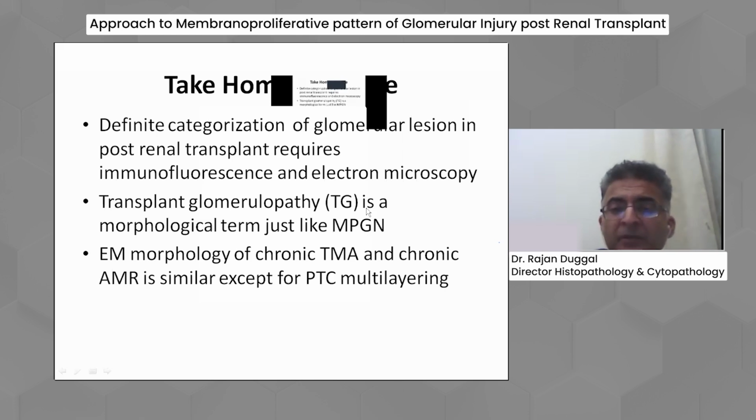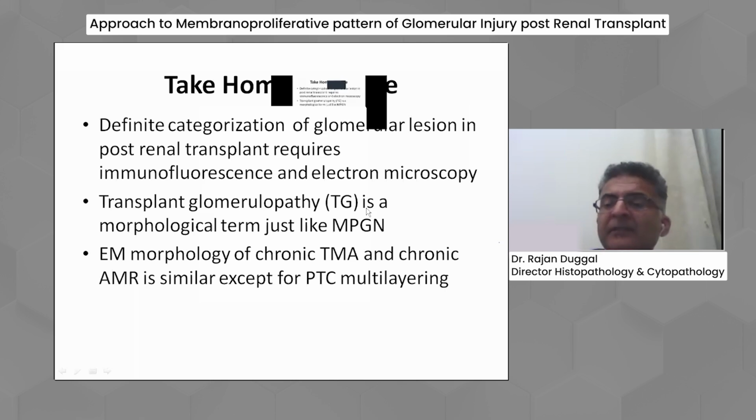So if we are finding acute ABMR in a setting where the patient's DSA, flow cytometry and CDC crossmatch were completely negative, it is highly unlikely. I see ABMRs mostly in a sensitized patient, where you did desensitization protocols and then transplanted that patient. But yes, it is not uncommon.